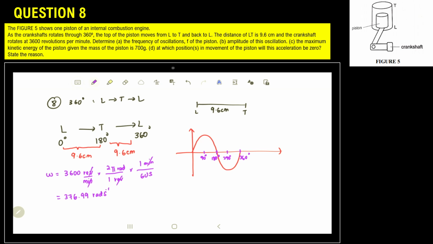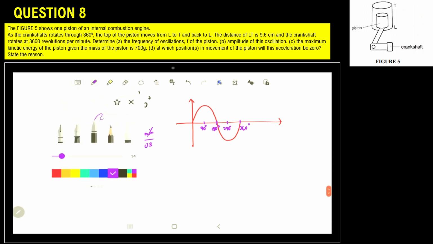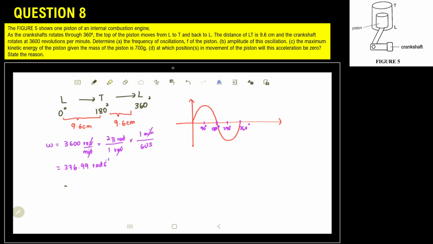The question states to determine the frequency of the oscillations. For A, omega is equal to 2 pi f, so f is equal to omega over 2 pi, which is 376.99 over 2 pi, and the answer is 60 hertz.